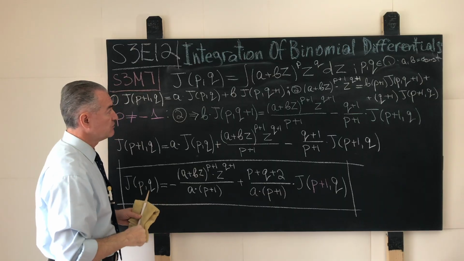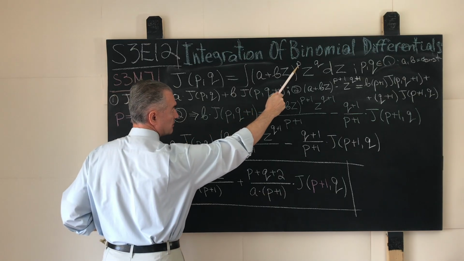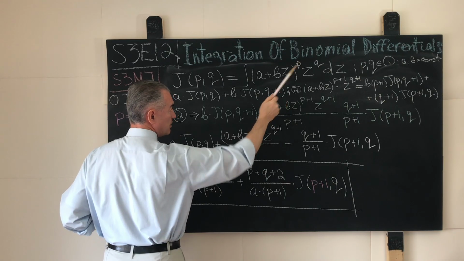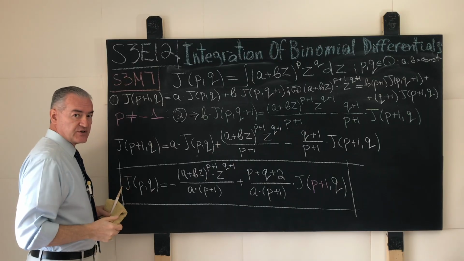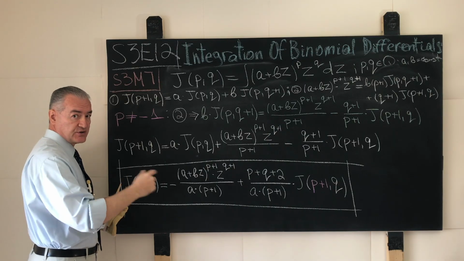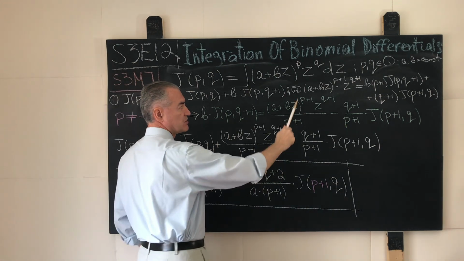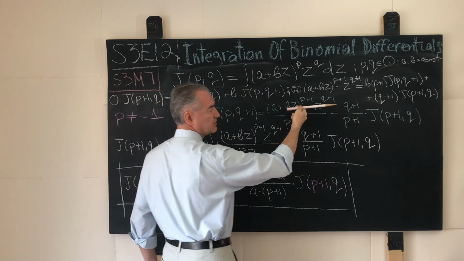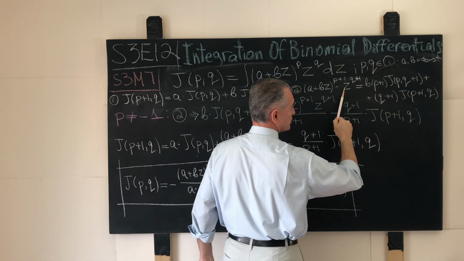Remember how we did it? We bumped the power of our number p in the integrand by 1, unfolded the product into very straightforward algebraic manipulations, integrated both sides, and voila, we arrived at this expression. And the equation number 2, it didn't fit in one line, it split over 2, but we have this expression here.